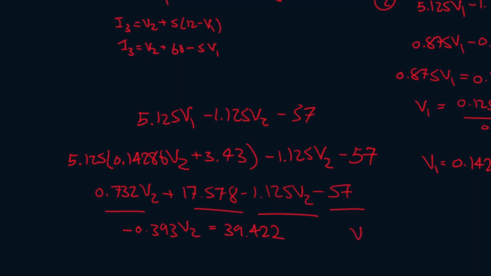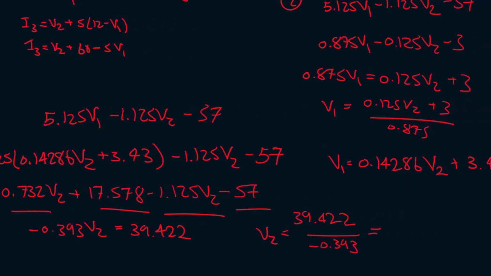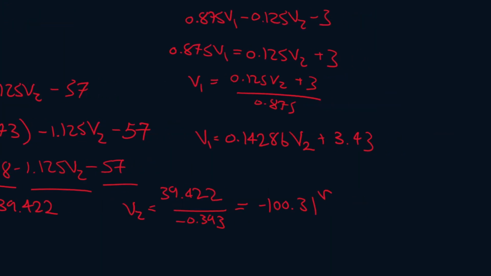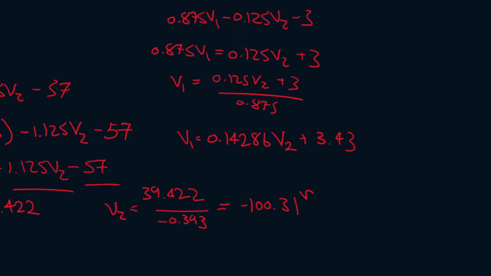Now V2 will be equal to 39.422 all over minus 0.393. And let's see what this gives me. It gives me minus 100.31 volts. Okay, and so V2 is equal to minus 100.31 volts.